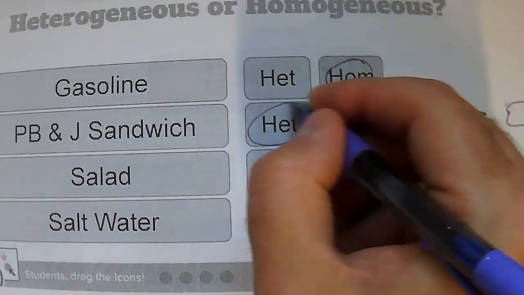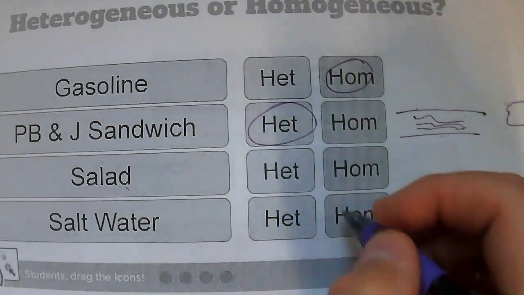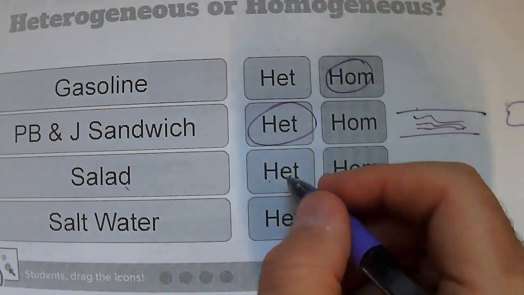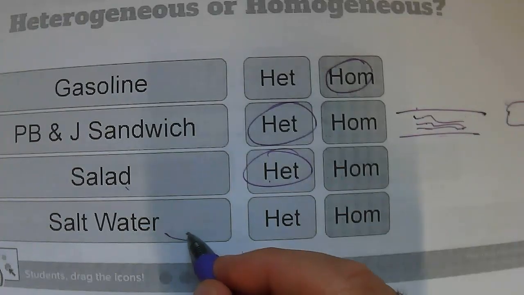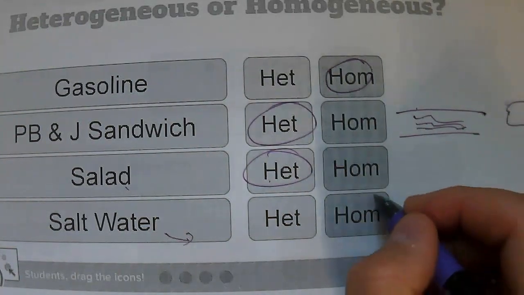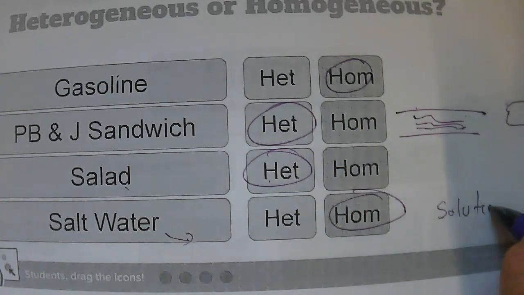So this is definitely heterogeneous. A salad is chunky. You can see the parts. You can see the lettuce and the tomatoes and whatever else you put in your salad. So that's going to be heterogeneous. And then we use the example of salt water, just on the previous slide. So that is homogeneous. That's also called a solution.